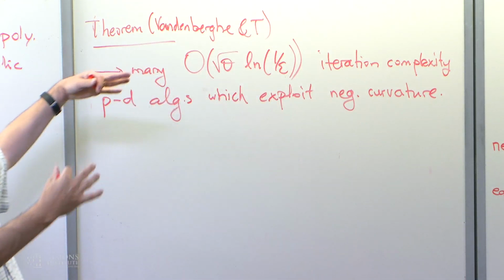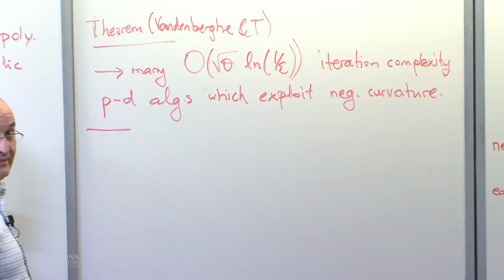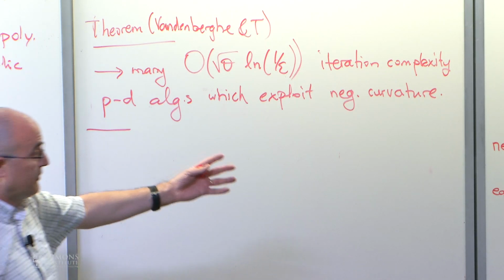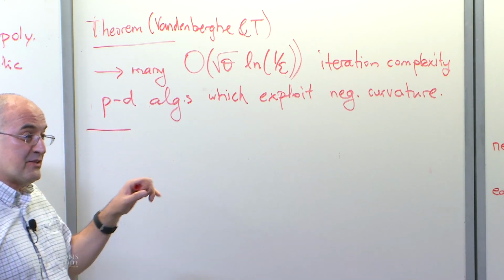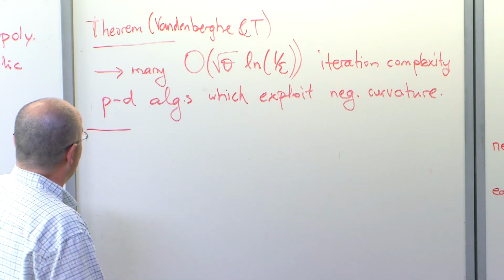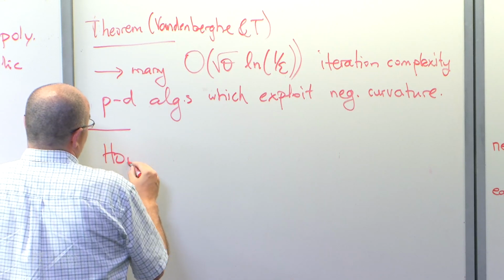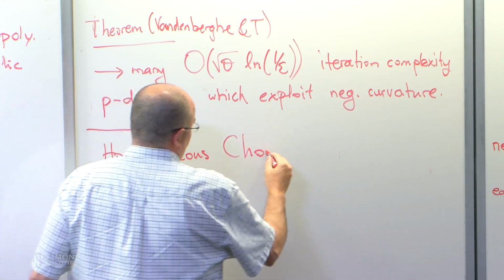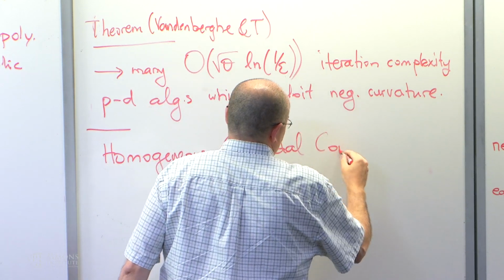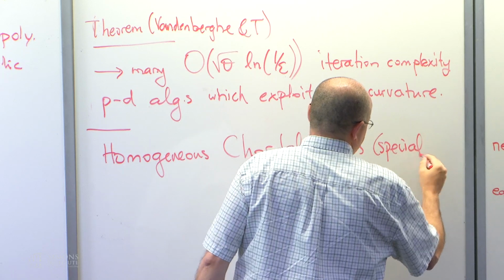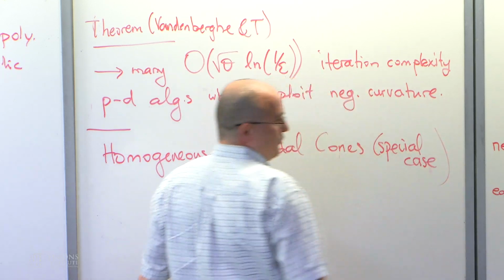So this is the general setup, but to me, the shock and awe part, I mean, I love the theoretical part, but there's actually a class of cones that we identified about a year and a half ago that are called homogeneous chordal cones. A very special case, but still strictly more general than Nesterov thought.